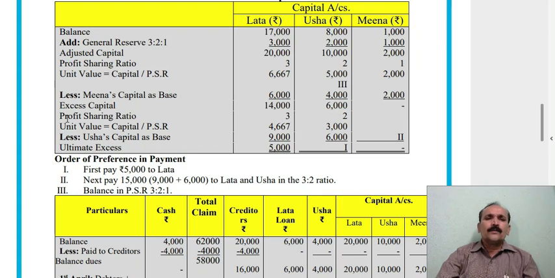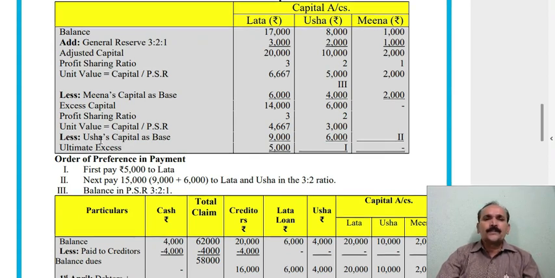Write down here PSR, or profit sharing ratio, 3:2, Lata and Usha. Unit value as per PSR: Lata's unit value is 4,667, Usha's 3,000.